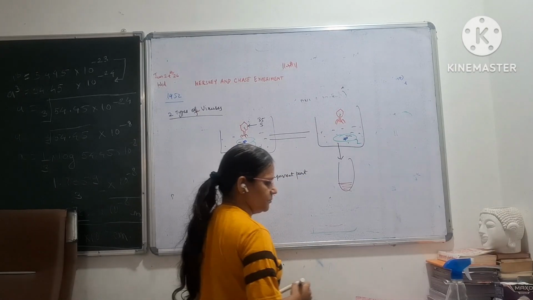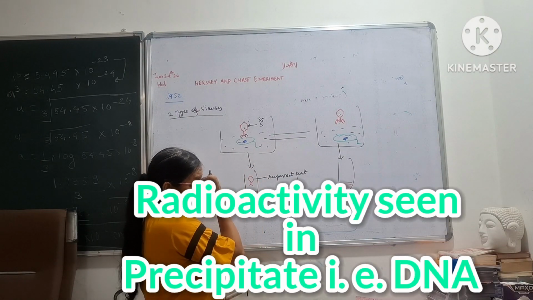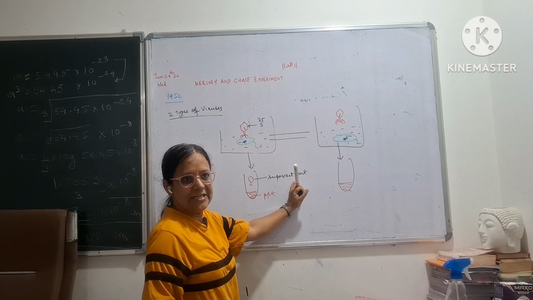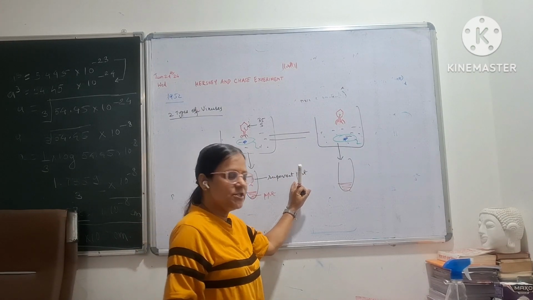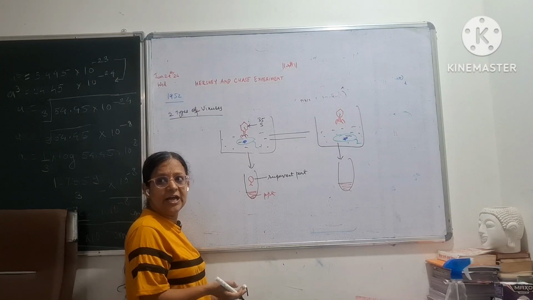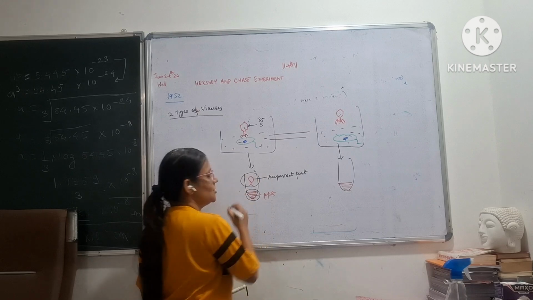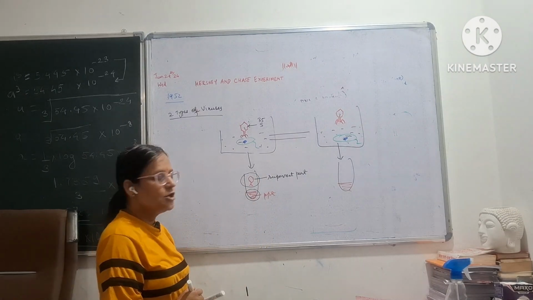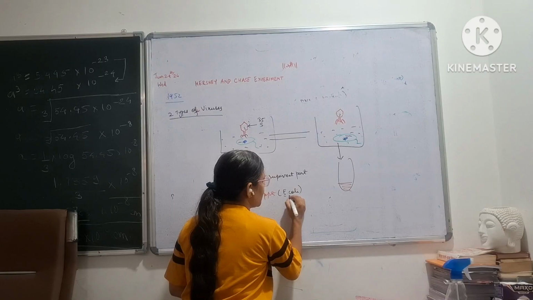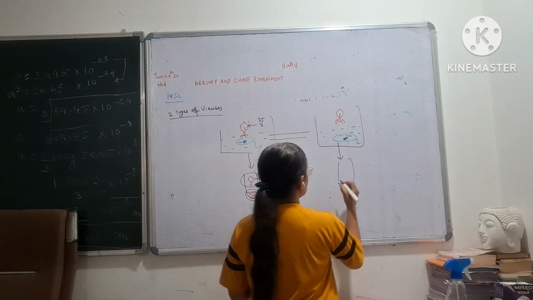Now after getting the supernatant and precipitate, we are going to pass this through X-ray and see where the radioactivity lies, whether in the precipitate or in the supernatant. In the precipitate we have E. coli, the bacterial cell.